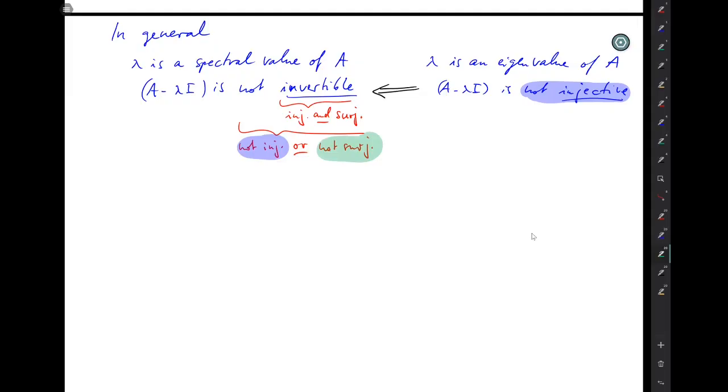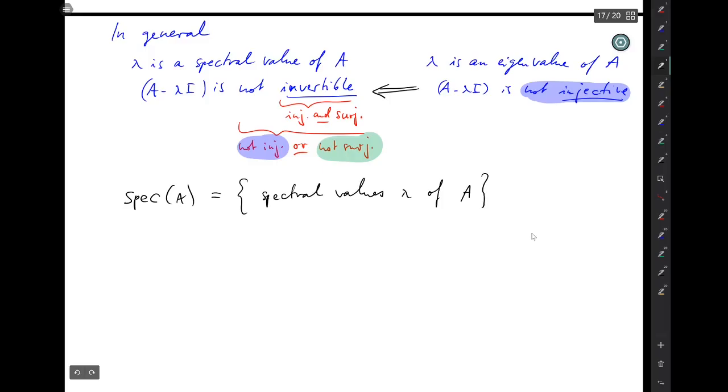So this set of spectral values is also called the spectrum. So spec A is the set of all spectral values lambda of A, which is a subset of the complex plane, called the spectrum of A. So this splits into eigenvalues.